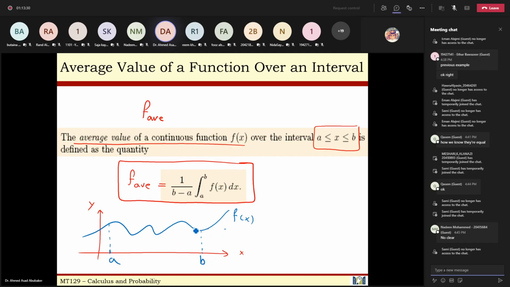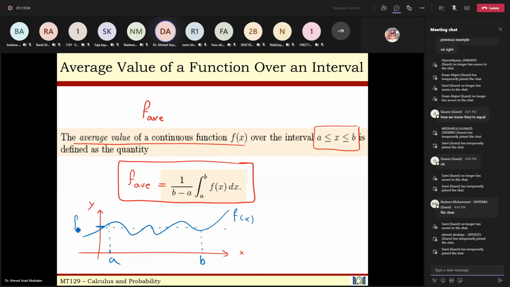The average means we need to find this value, f average, between a and b. So we can use this formula: 1 over b minus a multiplied by the integral from a to b of f of x. This is a very important formula to find the average of the function.